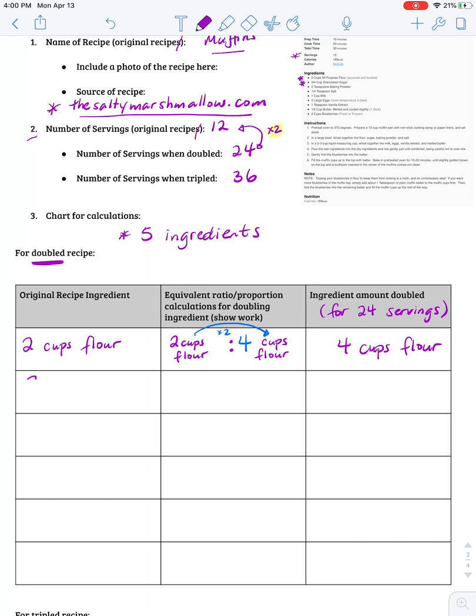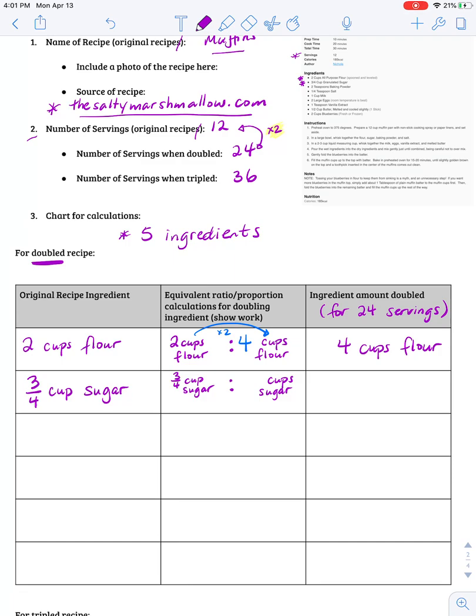of granulated sugar. Okay, so this one involves a fraction, and I'm going to show you one way in which you can do this. And there are multiple ways you can do it. So with a ratio, you've got 3/4 of a cup of sugar, and you don't know how many cups of sugar you need to double it.